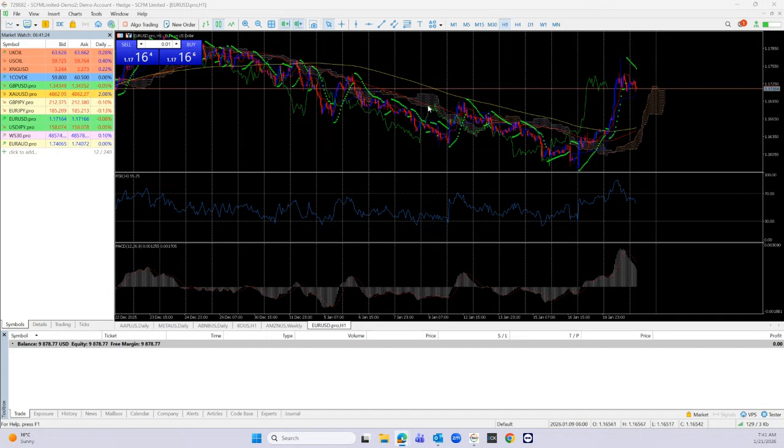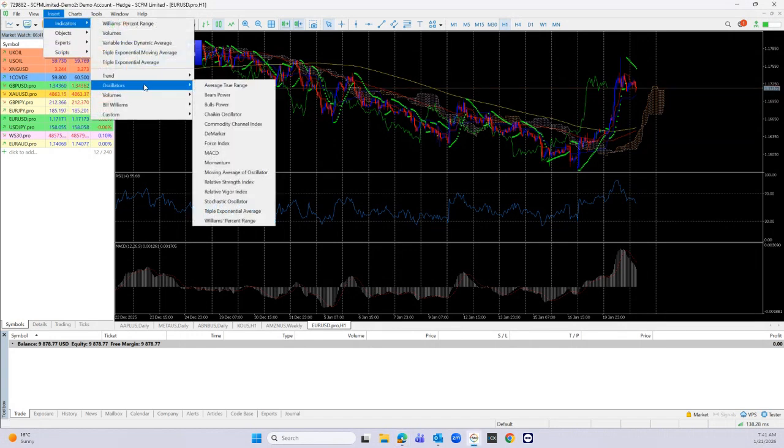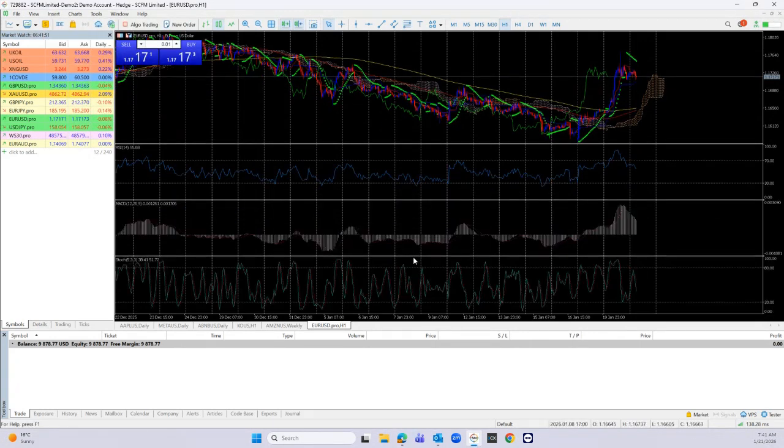There is the Ichimoku, the moving average 100, the moving average 200, the parabolic SAR, the RSI, the MACD. It becomes really difficult to follow the price. Maybe you can even add the stochastic oscillator. The more you add, the more clumsy the chart becomes.